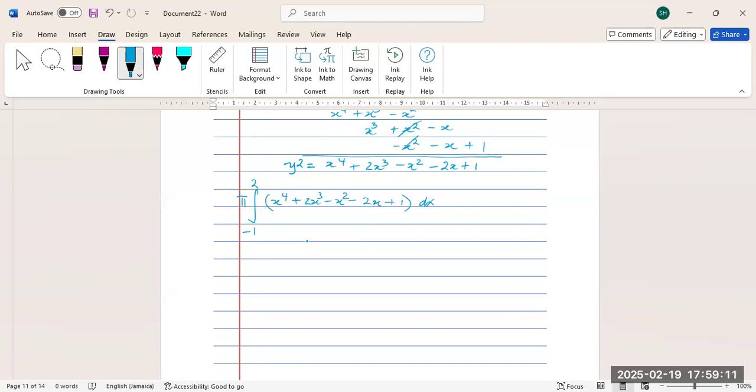That now becomes x to the fifth over 5, 2x to the fourth over 2, x cubed over 3 minus 2x squared over 2 plus x.